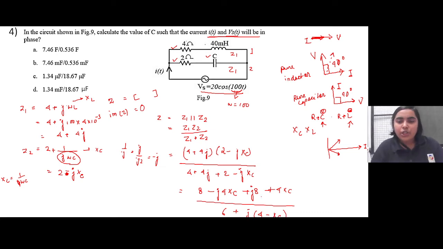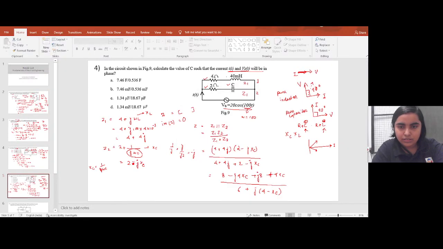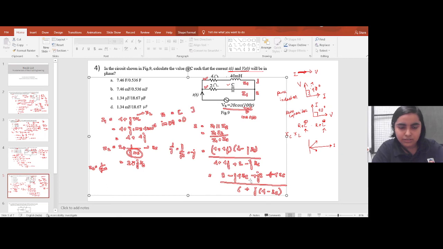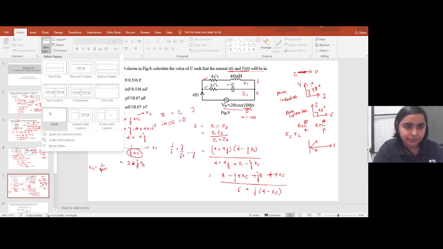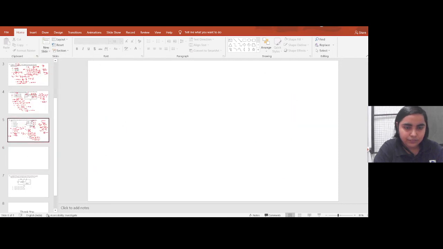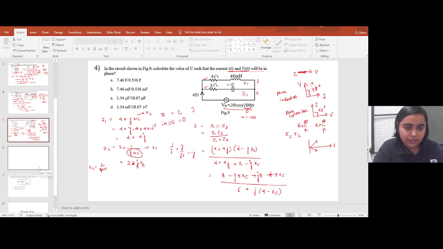So in order to extract the imaginary part of this expression, we have to separate it out. So let us just normalize the denominator first. I will go to a new slide. So let us just write the expression first.